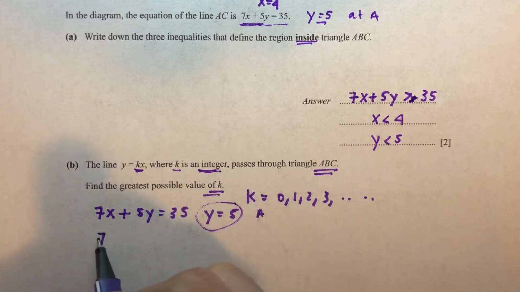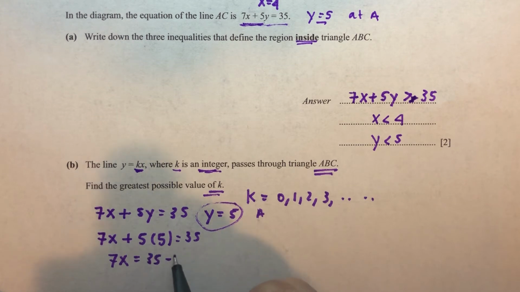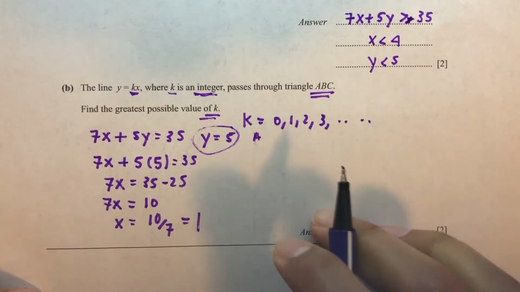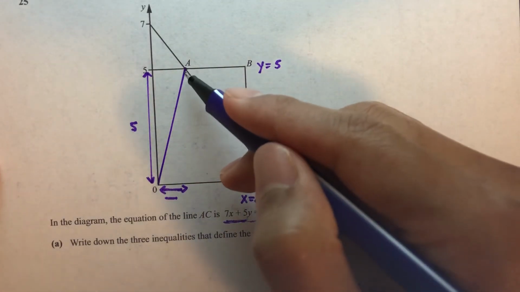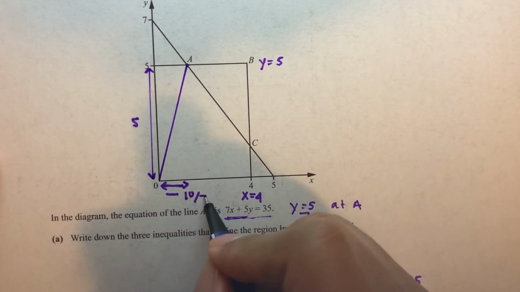We have 7x plus 25 equal to 35, so 7x equals 35 minus 25. 7x is equal to 10, so x is equal to 10 divided by 7, which is 1 3/7. So this distance is about 10/7.